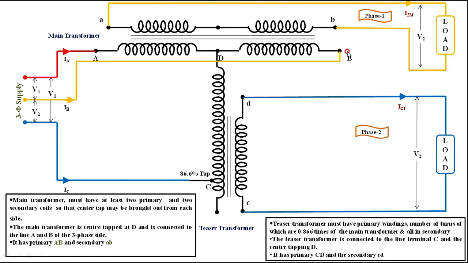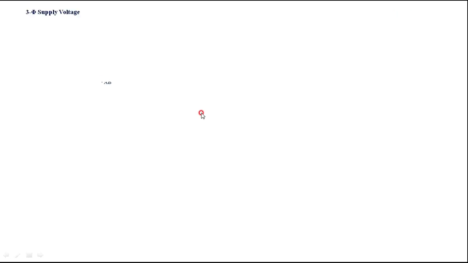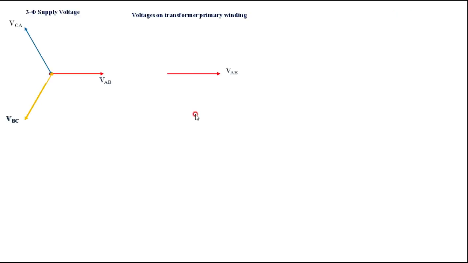The total voltage between AB is V1. However, at the center tap the voltage across AD and BD is half of the line voltage. Then the voltage across CD is 86.6% of the total voltage. That we'll see in the vector diagram. Same thing I am showing here.